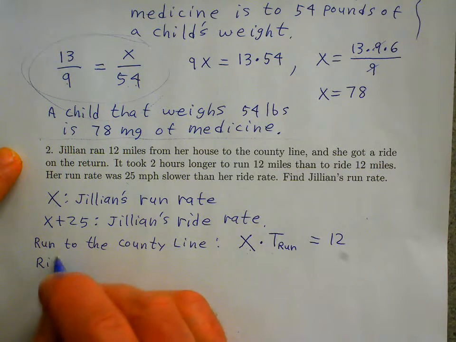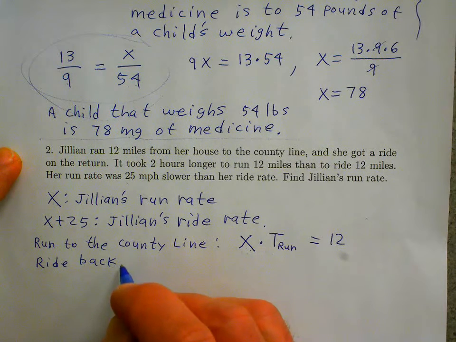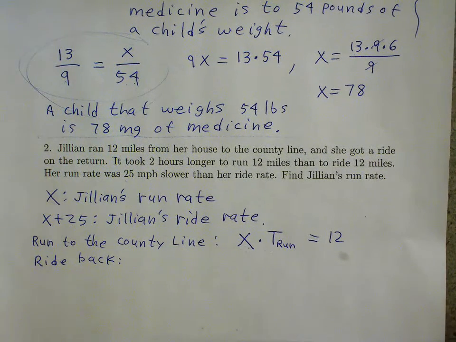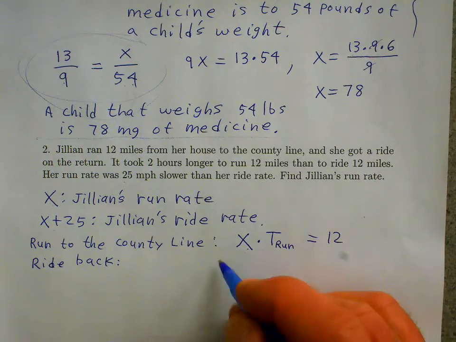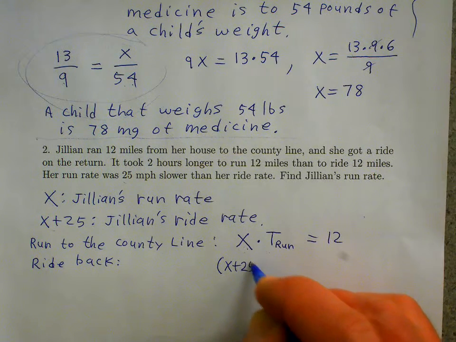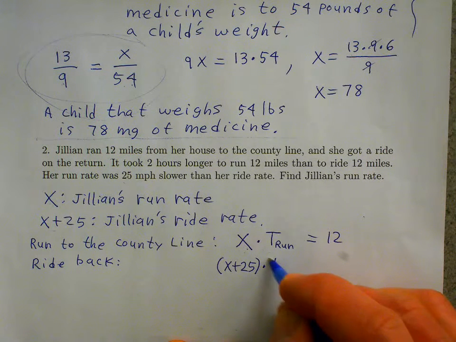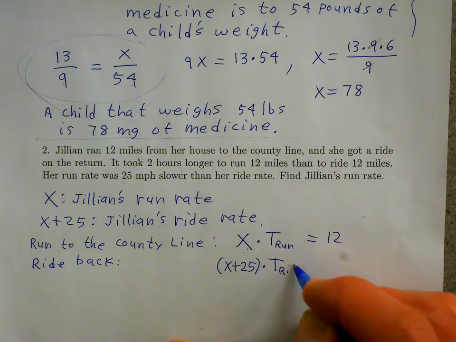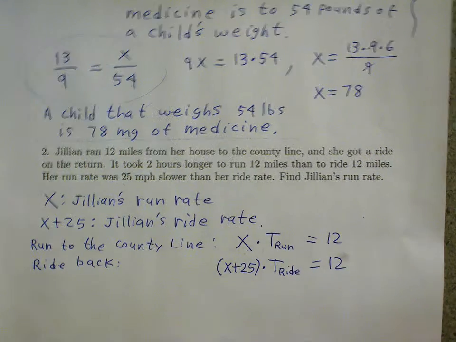And then let's write an equation for the ride back. On the ride back, the rate is X plus 25 miles per hour. And I'm going to write capital T sub ride to represent the amount of time it takes her to ride back 12 miles.